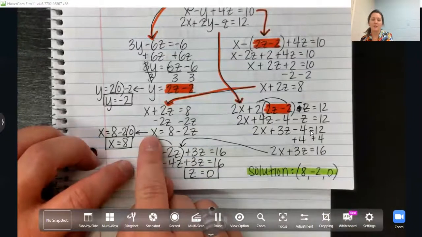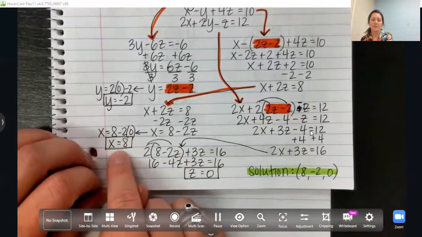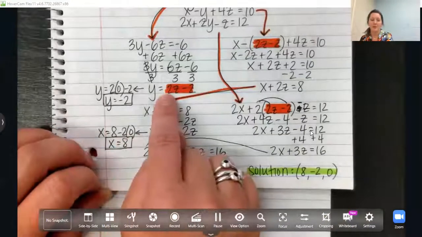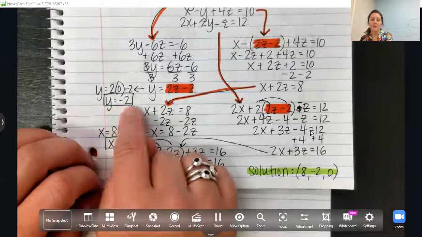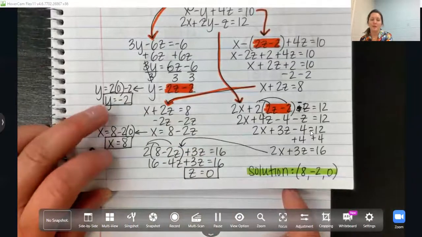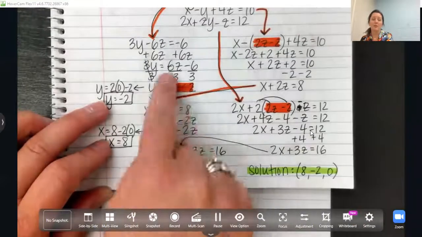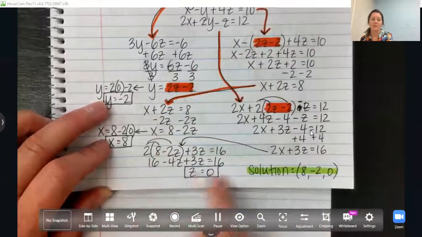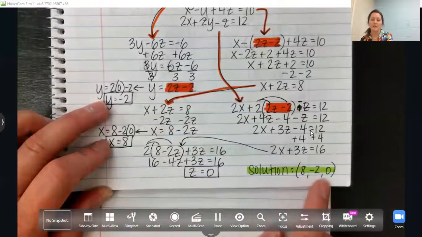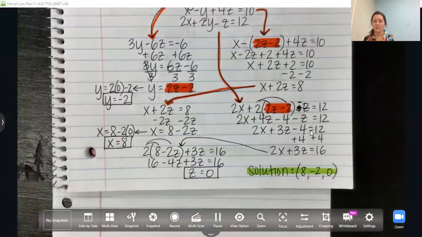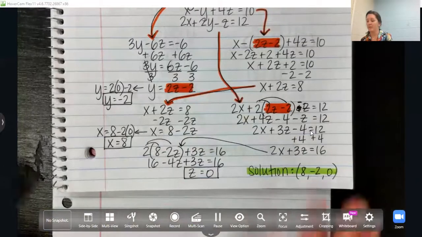I'm going to go back to the x value, plug in the 0. I have x equals 8. Go back to the y value, plug in the 0, and y equals -2. So going backwards is pretty quick once we've done the work at the front end. So our solution here is 8, -2, 0. So these three planes actually have one intersection point.